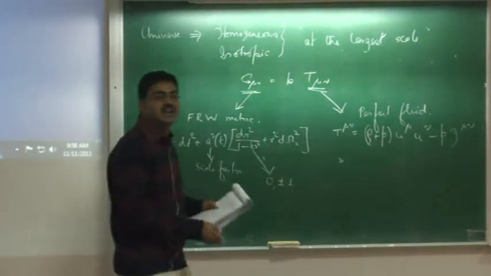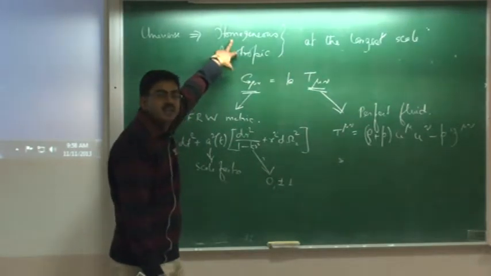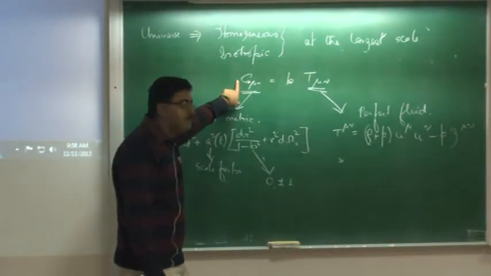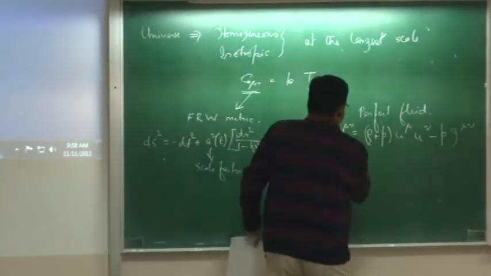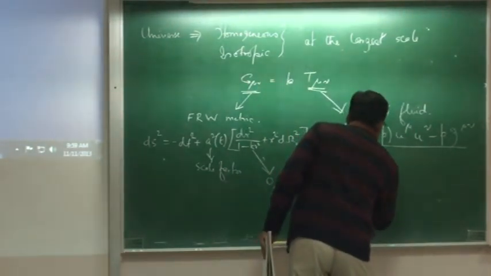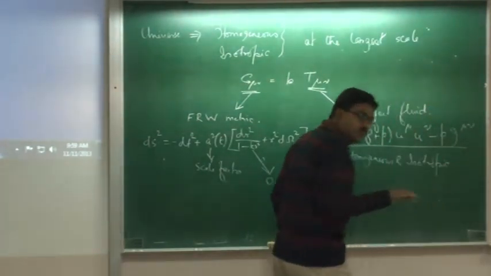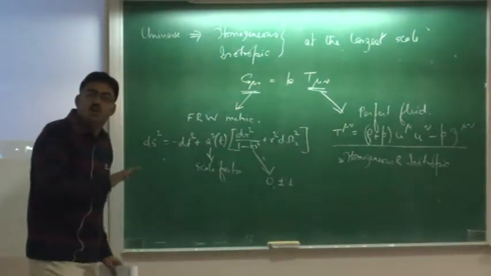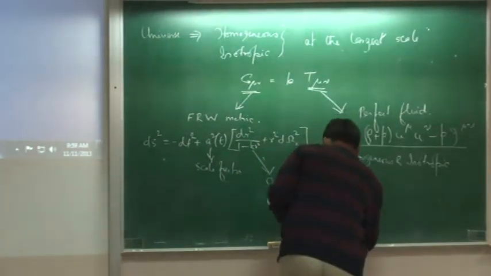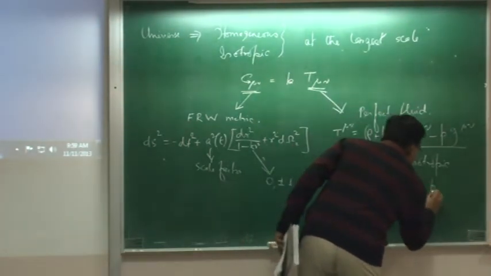And if you impose homogeneity and isotropy there, because as I have discussed, the universe is homogeneous and isotropic at larger scale, which is incorporated into your geometric part. So if you incorporate the same property in your matter part, that means you assume T mu nu is also given by a homogeneous and isotropic fluid, then all the off-diagonal terms vanish, and you are left with only the diagonal components.